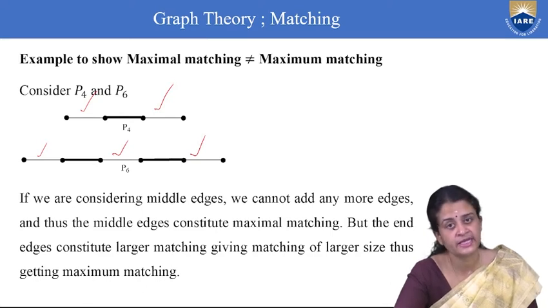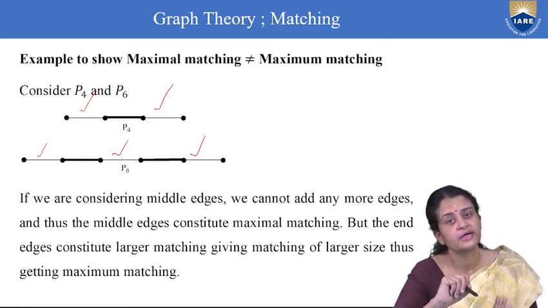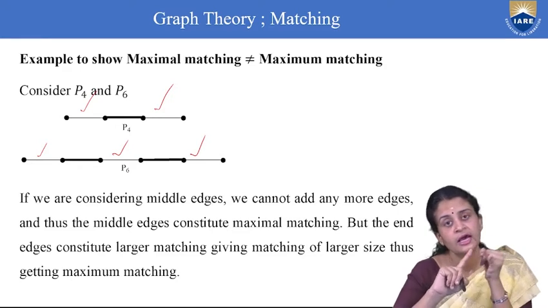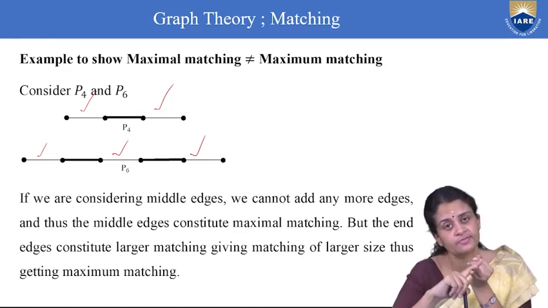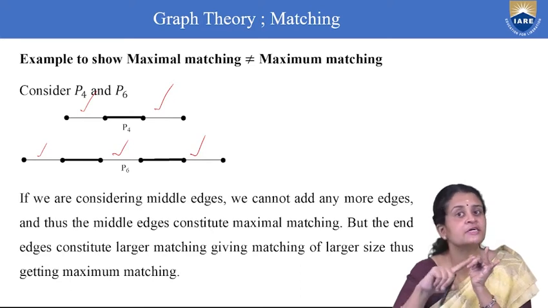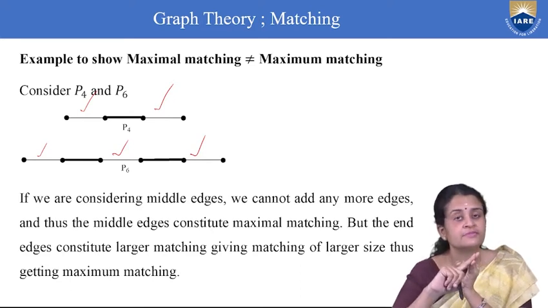But when we take the end edges, they constitute the larger maximal matching, and thus we get a maximum matching. A maximal matching with the largest number of edges is termed a maximum matching.